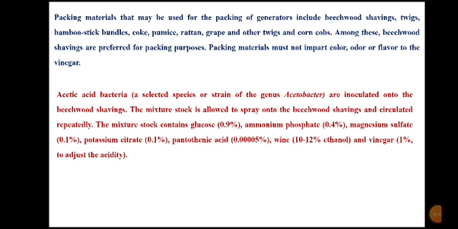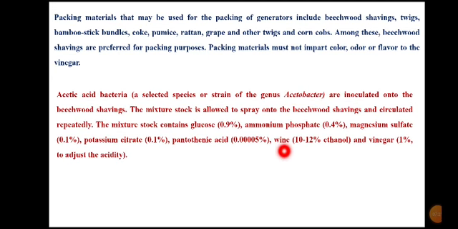This mixture consists of ingredients like glucose, which serves as a source of energy for the growth of Acetobacter. The source of nitrogen is ammonium phosphate. Then other elements required for growth: magnesium sulfate is added, potassium citrate, and the vitamin pantothenic acid. This is the composition of the medium that will allow the growth of Acetobacter.